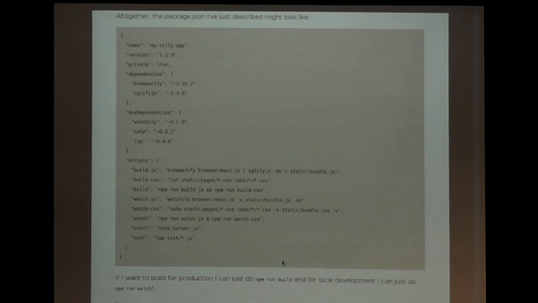So here in the scripts we have start, which is just running our server.js, but he also has a watch task, a build task, and a couple other tasks, and these tasks can call other tasks as well. Like here you see the build one is actually running npm run build.js and npm run build CSS, and doing both of those tasks at the same time.